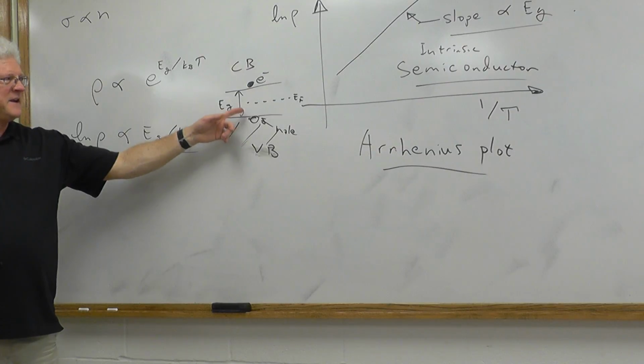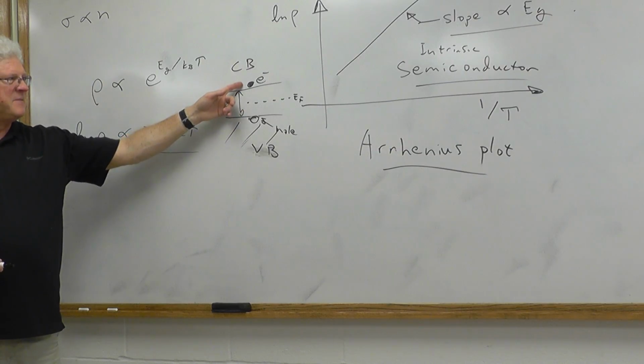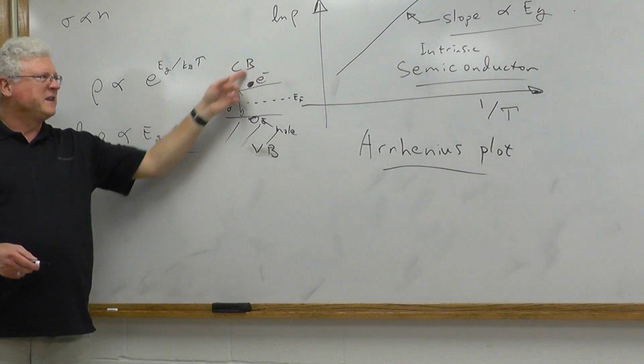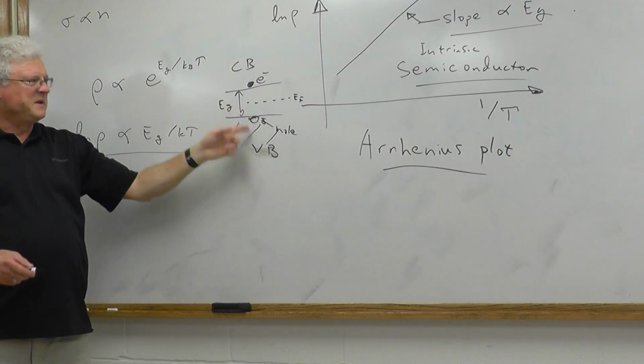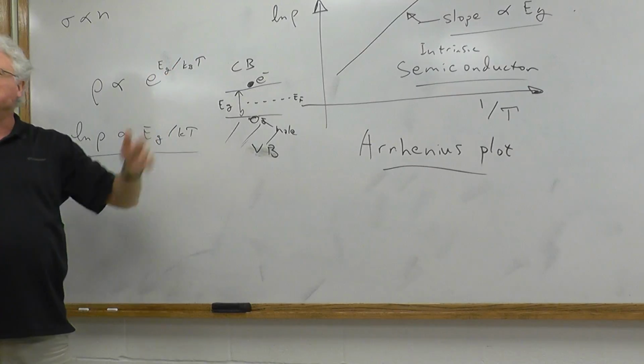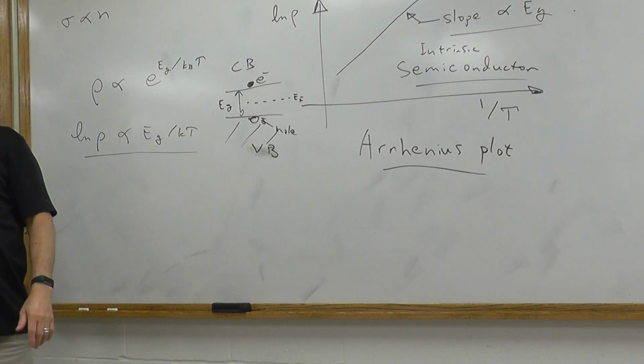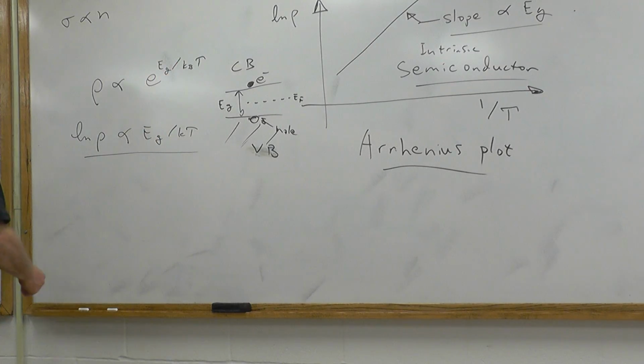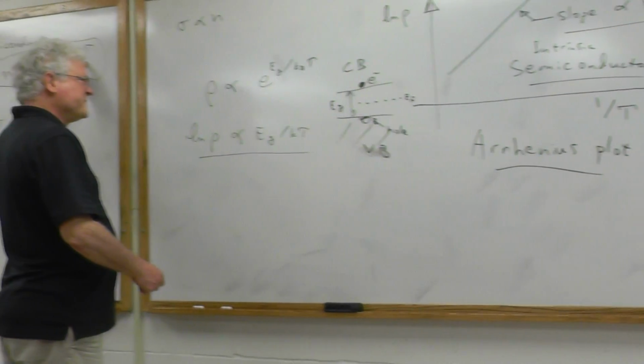And so the number of carriers I'm referring to is how many electrons, which will also be equivalent to how many holes, have been excited across that band gap, and so that would give you the number n right here, so it'd be a strong function of temperature.